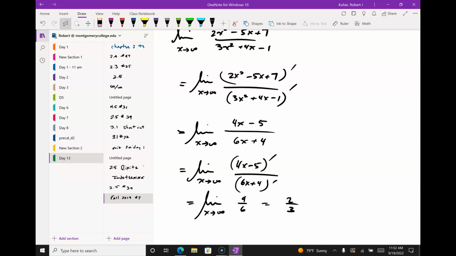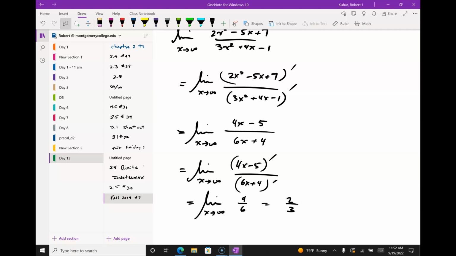Power rule, right? I've got a 2x squared. So bring down the 2 is my 4 and reduce the power by 1. The negative 5x is a linear, so what's the slope? Negative 5. 7 is a constant, what's the derivative? 0. Right, you see it? So 3x squared gives me a 6x.